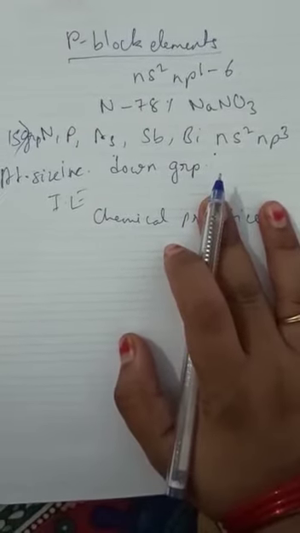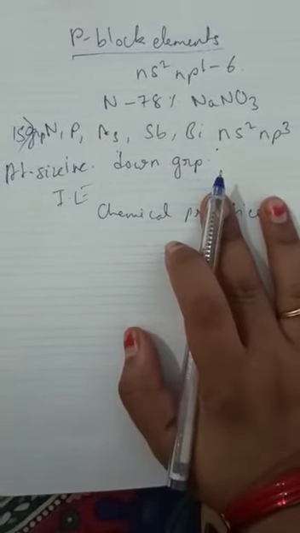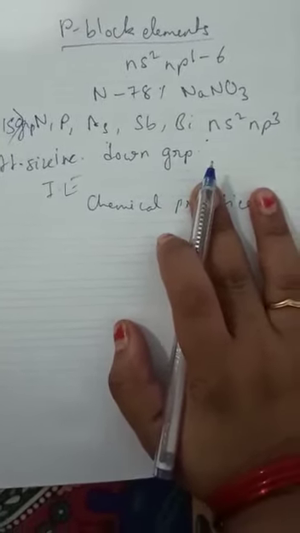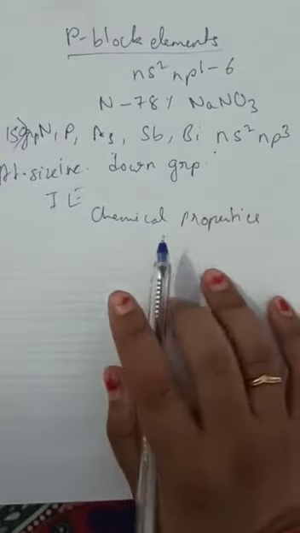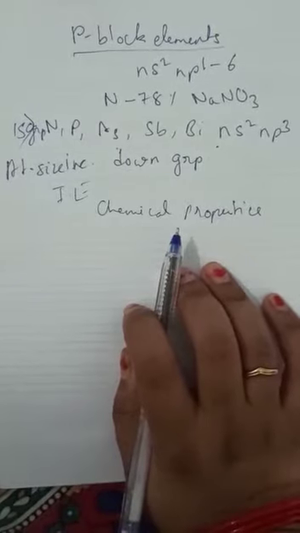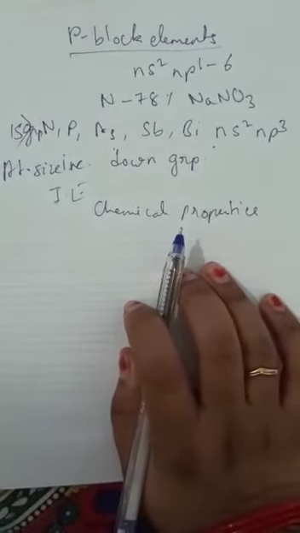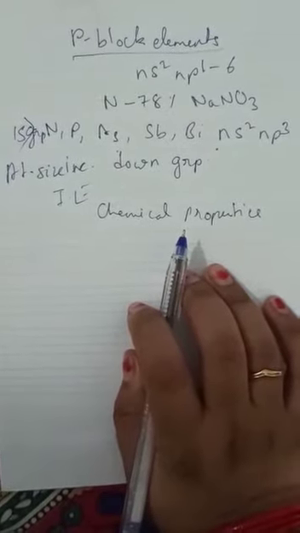You all know this, that when we move from top to bottom in a group, then in that case the atomic size increases due to the increase in the number of shells. Then let's discuss about the ionization enthalpy. The ionization enthalpy also decreases down the group due to the gradual increase in the atomic size.